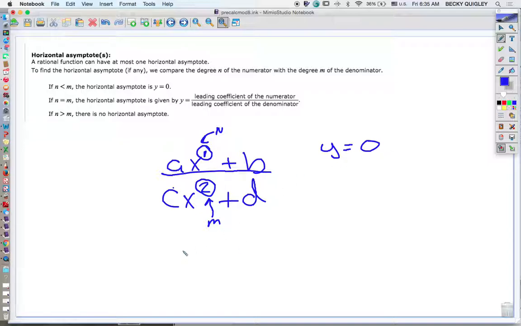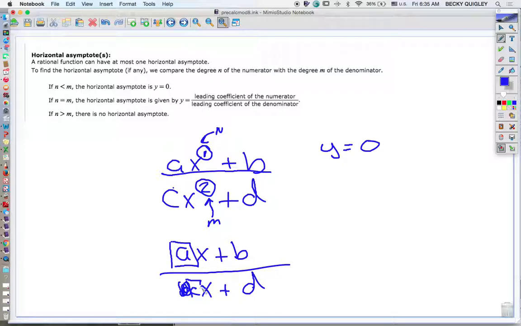If they are equivalent to one another, so let's say ax plus b over cx plus d, then your horizontal asymptote is just the fraction of these lead coefficients. So your horizontal asymptote would be y equals a over c, whatever those values are. So again, leading coefficient of numerator dividing by leading coefficient of denominator.